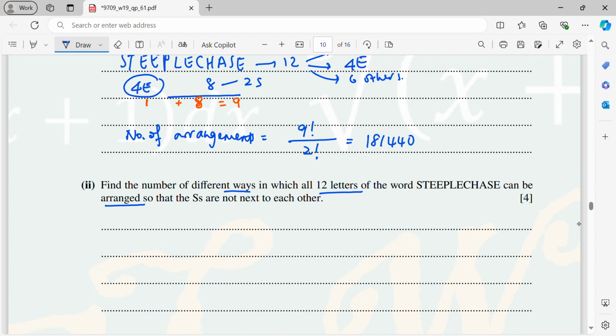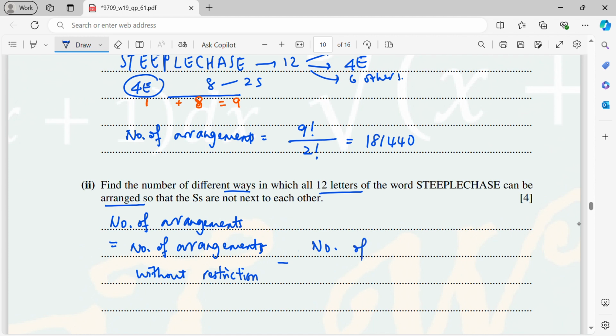Okay, so when the S's are not next to each other, I will say that the number of arrangements equals the number of arrangements without restriction minus the number of arrangements when the two S's are together.